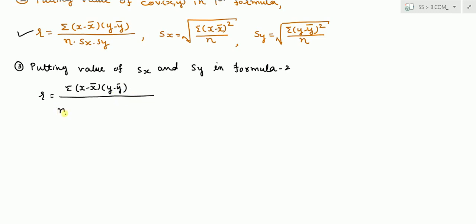Now sx is equal to what? Under root sigma x minus x bar whole square upon n, into under root sigma y minus y bar whole square upon n, and we write it in a single under root: sigma y minus y bar whole square upon n.